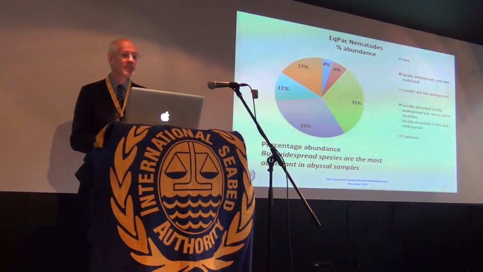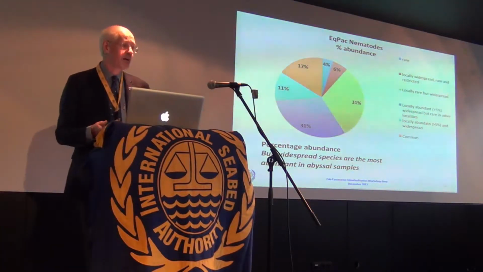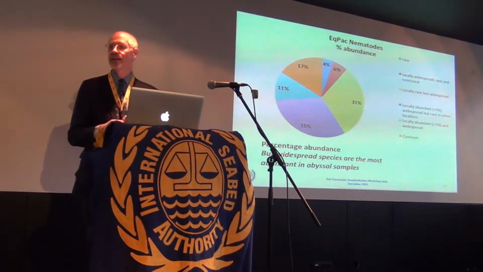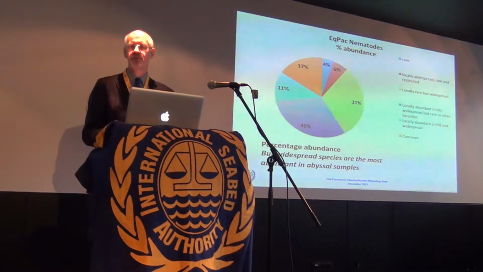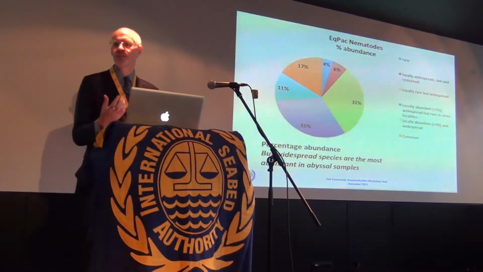So, does this mean that we can actually ignore the rare species? Is it that they're actually not that important? Well, unfortunately, no, we can't. Because we know from looking at other ecosystems, particularly tropical forests or grasslands, that rare species often have unique ecological properties. They perform things in the environment that other species are not doing.